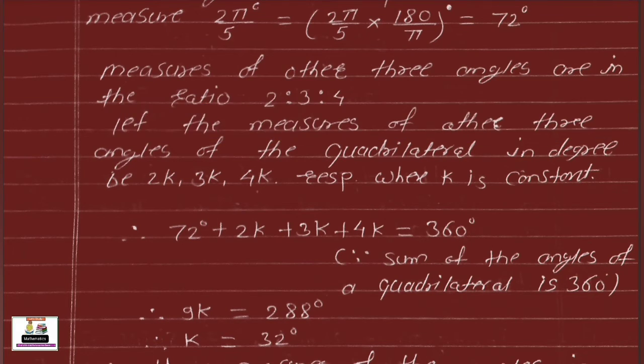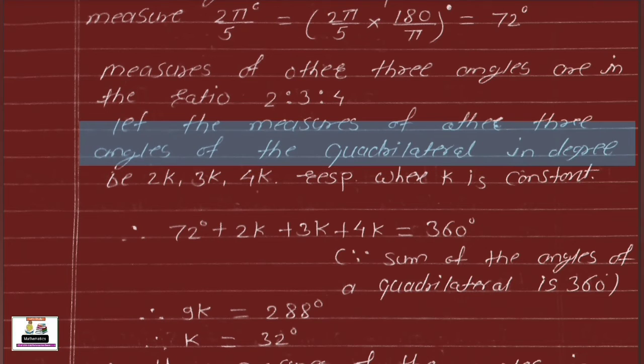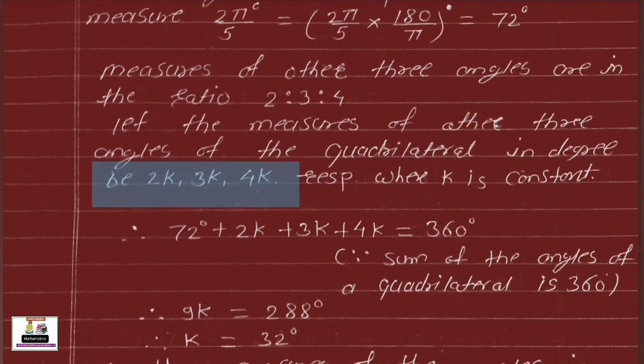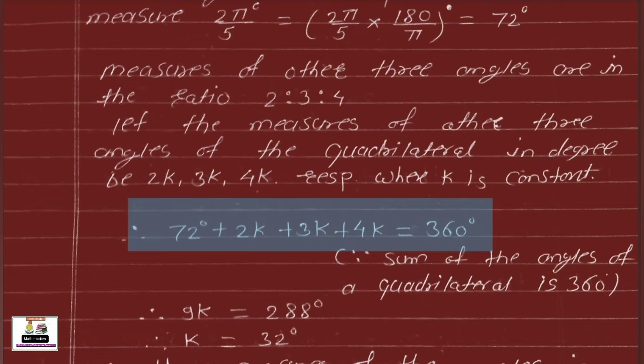Let the measures of the other three angles of the quadrilateral in degrees be 2k, 3k and 4k respectively, where k is a constant. Since we know that the sum of the quadrilateral's angles is 360 degrees, put the values of the angles 72, 2k, 3k and 4k.